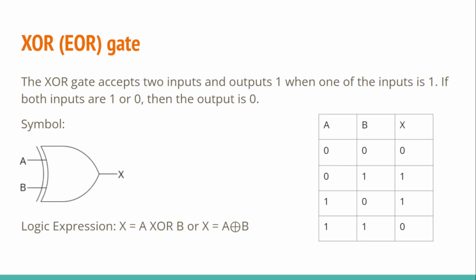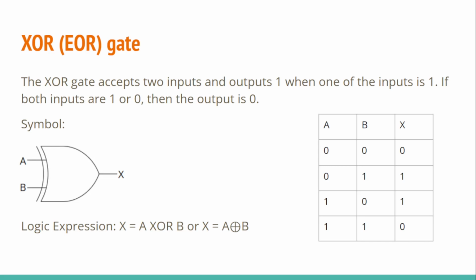The symbol is similar to that of the OR gate symbol, except that there is an arc before the logic gates, which looks similar to the OR gate. The logic expression is X equals A XOR B, or X equals A plus B. The plus in this case is enclosed within a circle.